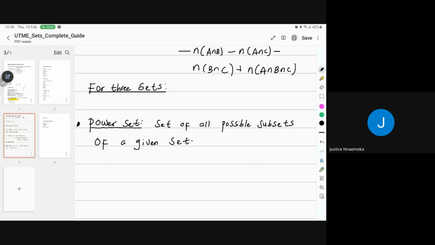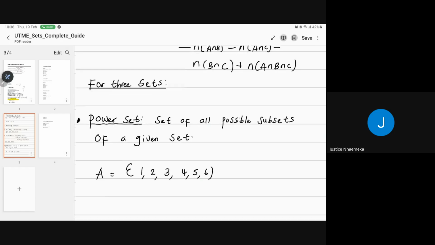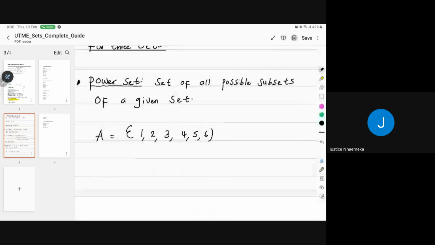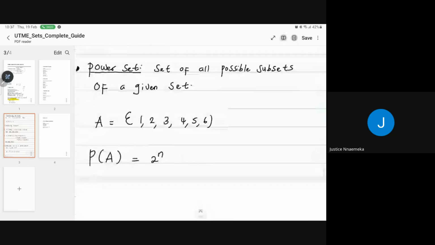Good. So now, there's a formula we normally use, right? Let's say that we have a set A equal to 1, 2, 3, 4, 5, 6. Now the power set, which means the number of subsets I can get from it, P(A), will be equal to what? 2 raised to the power n, where n is the number of elements in that set. Are we together?